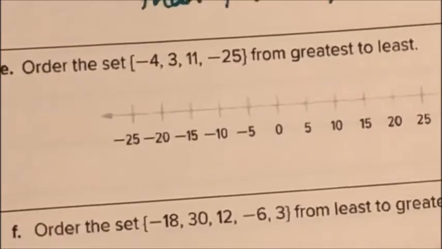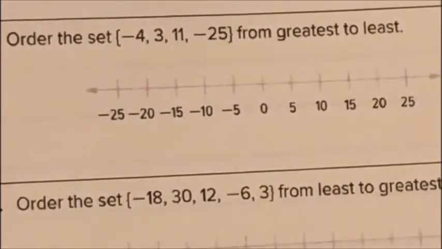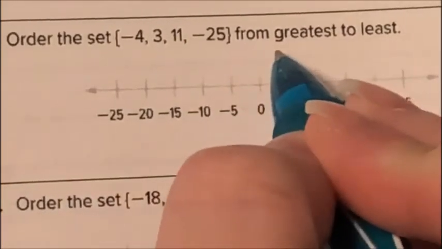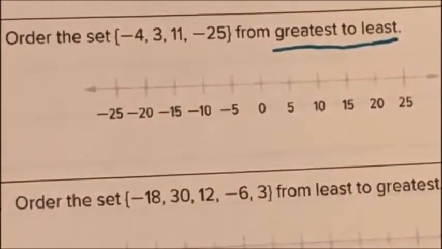Letter E says order the set negative 4, 3, 11, negative 25 from greatest to least. So first thing I want to look at, greatest to least. That's the order I have to put them in.